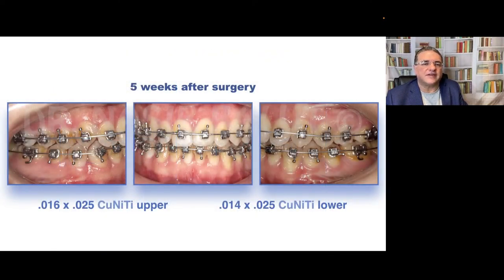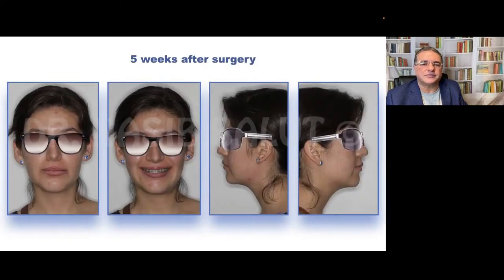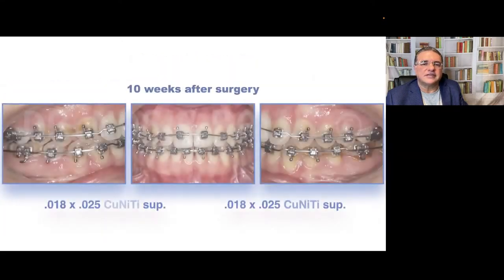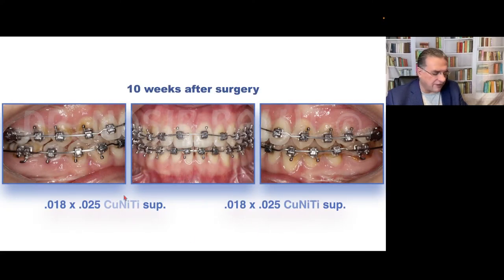5 weeks after the surgery, I have a .016x.025 copper nitinol in the upper arch and a .014x.025 copper nitinol in the lower arch. This is her face. 10 weeks after the surgery, I am in a .018x.025 upper and lower.